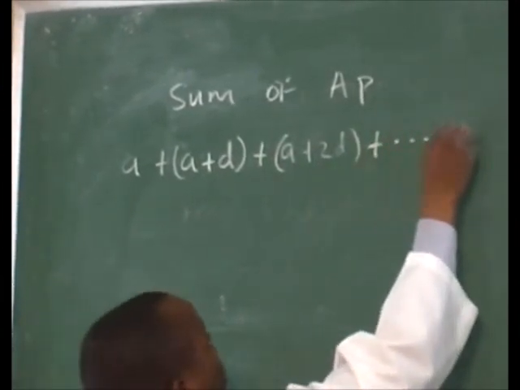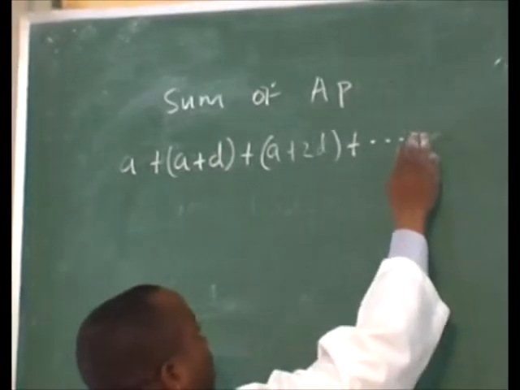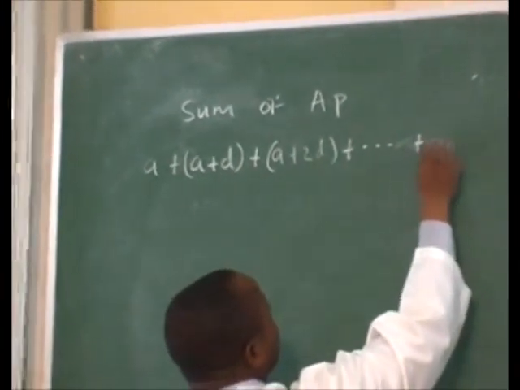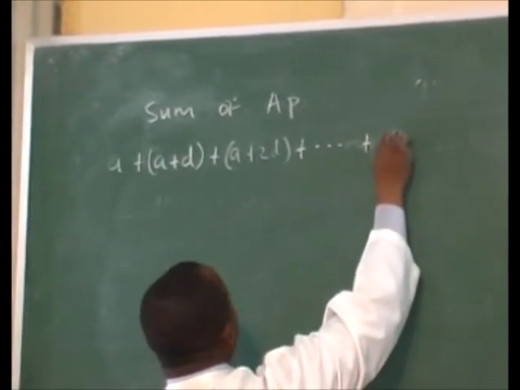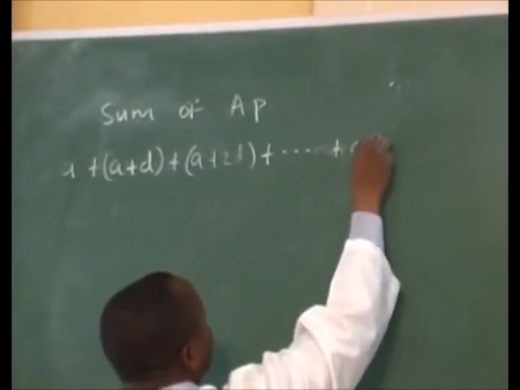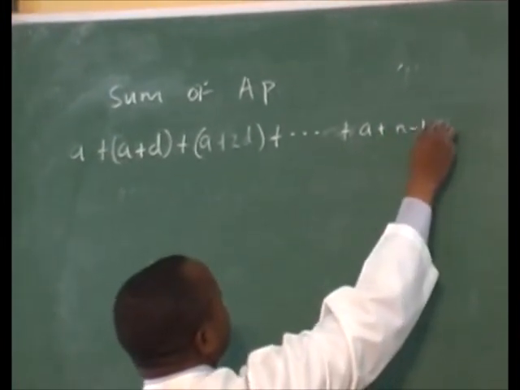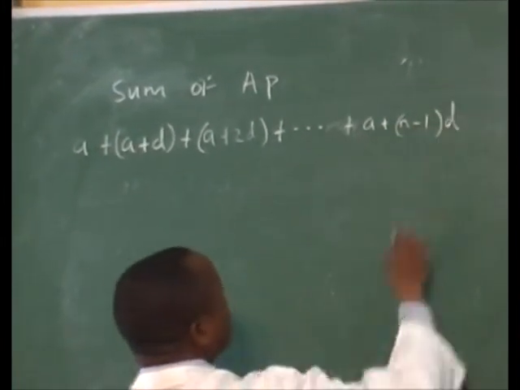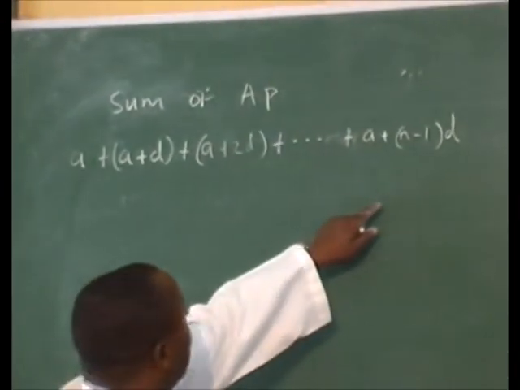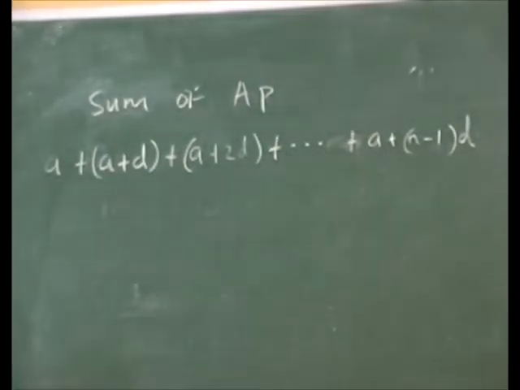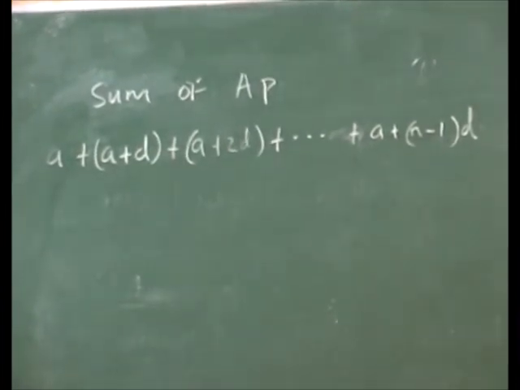Then it will continue like that till we have a plus (n minus 1)d, because the last term is given like this, just as the formula that we proved.